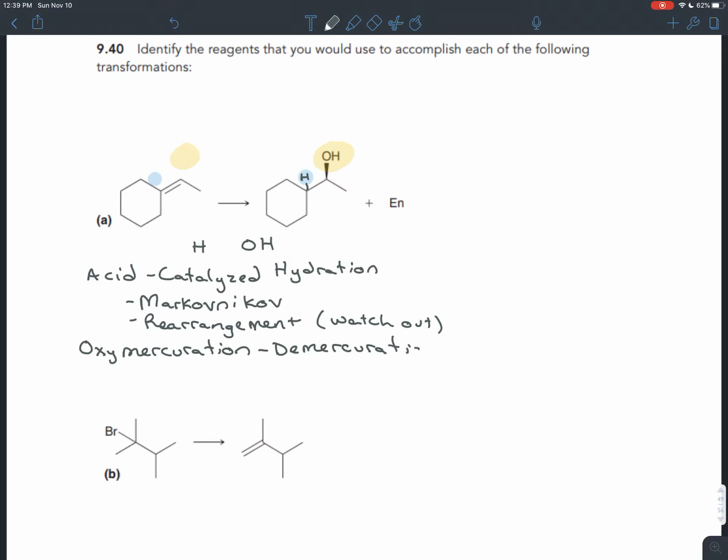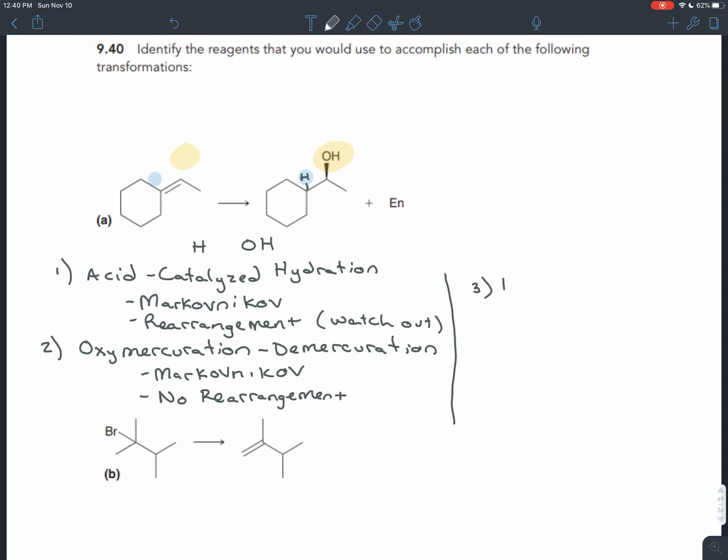Now with oxymercuration demercuration, you also get Markovnikov addition. So in that way it's similar to acid-catalyzed hydration. The H will go to the less substituted carbon, but in this case you don't get rearrangement. And there is a third way that we know of adding H's and OH's. So first is acid-catalyzed hydration, second oxymercuration demercuration.